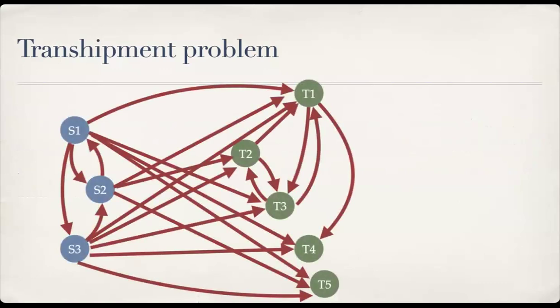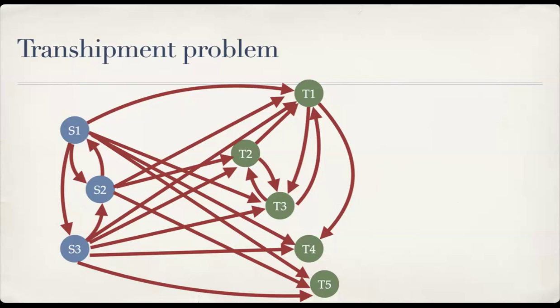For example, like this, we have 3 suppliers, S1, S2, S3, right? And we have to ship goods to customers 1, 2, 3, 4, 5, using different routes.